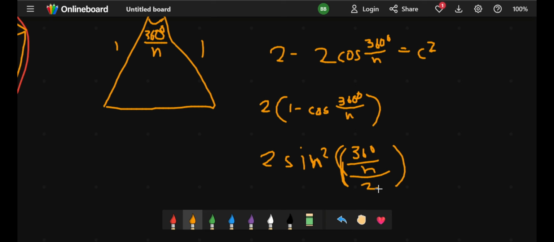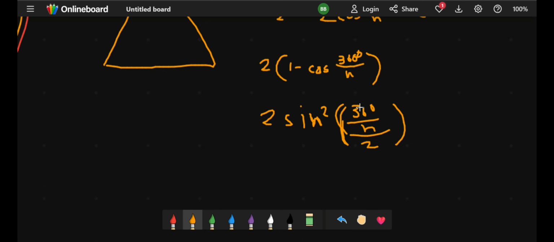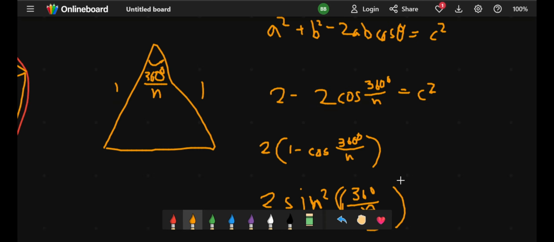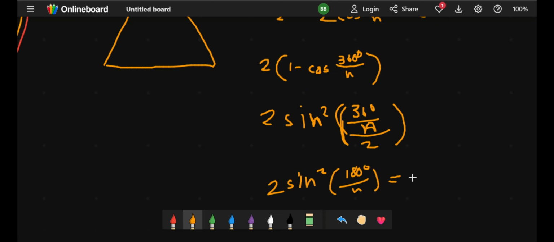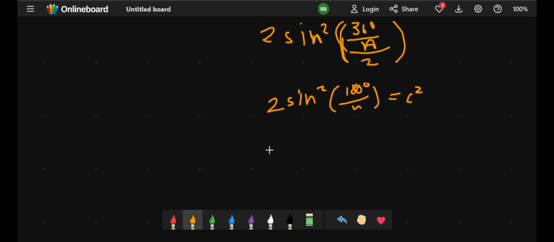We can simplify this inside part to be 180 over n instead, because it's 360 over 2n, and the 2 cancels out so the 360 becomes 180. So we get 2 times sine squared of 180 degrees over n is equal to c squared. If you're still confused on how this simplifies, just try and do it yourself, and you might see. Now we can take the square root on both sides.